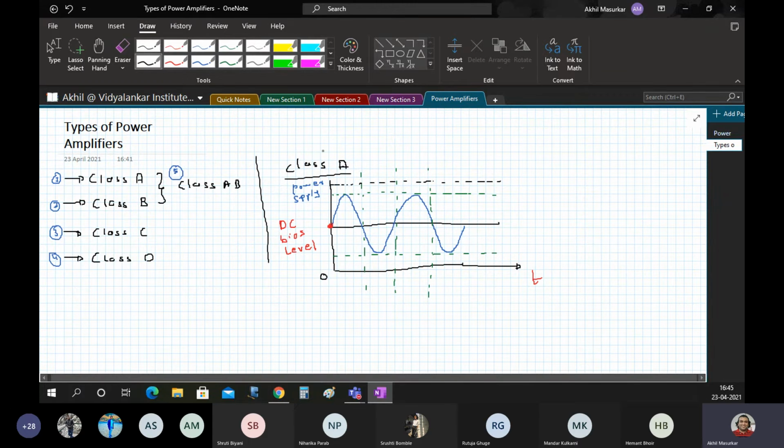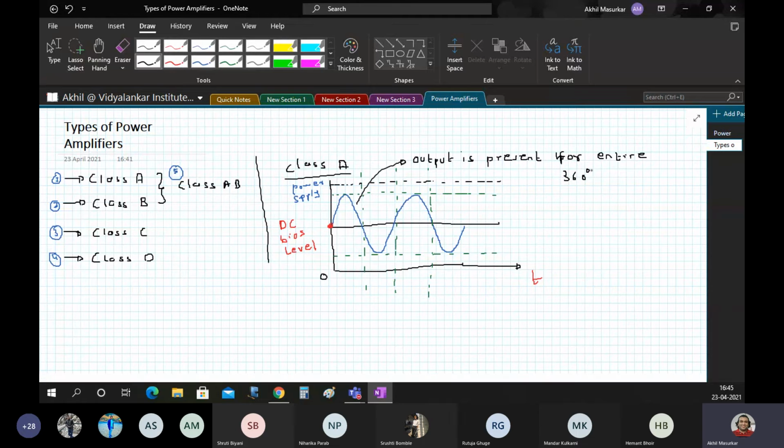So you can see here that the output is present for the entire 360 degrees, or for the entire cycle of the signal.